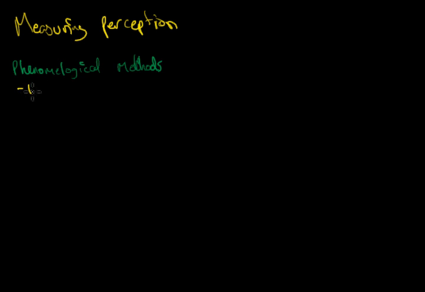Let's start with description. One of the easiest ways to measure perception: description. This literally relies on our ability to introspect, to look inside and to observe the contents of our own perceptive awareness.